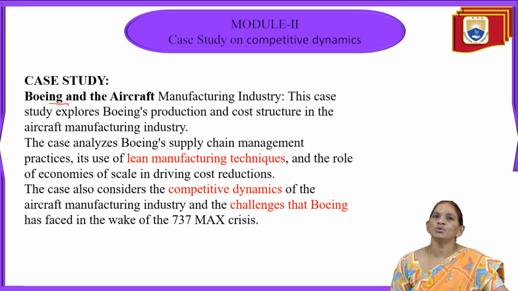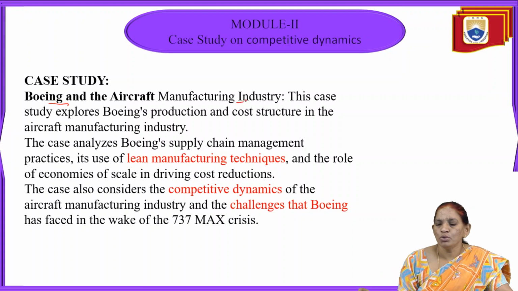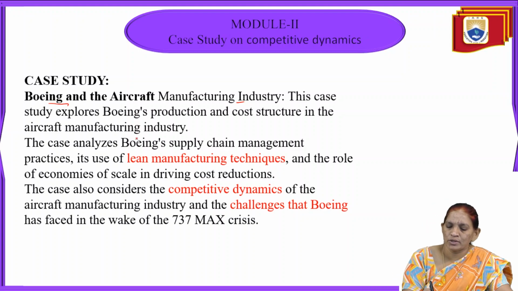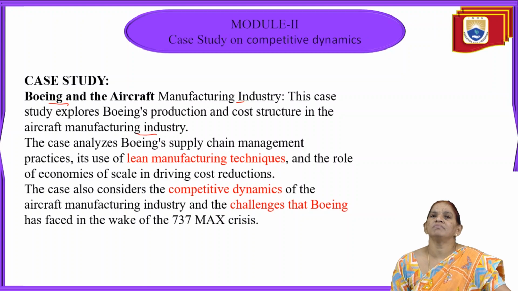So, first we'll come to case study 1. That is Boeing, the aircraft manufacturing industry. In this case study, we want to explore Boeing's production cost structure and how the aircraft manufacturing industry is involved in supply chain management.